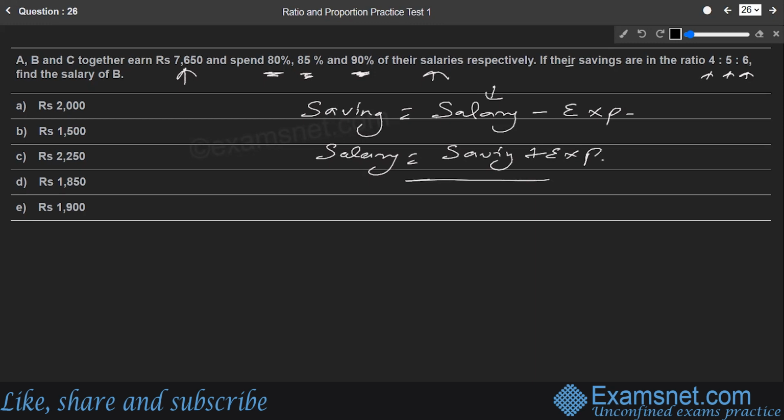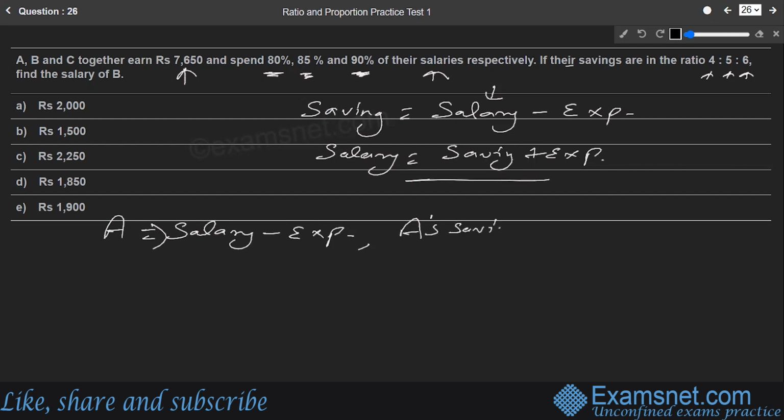So let us do what is given to us. Together their salary is 7,650, and they spend something out of it. So we can do salary minus expenditure, first for A. Whatever their salary is, the expenditure has to be reduced from that, and that will give A's saving.